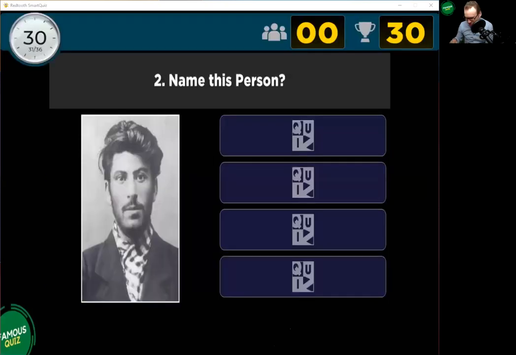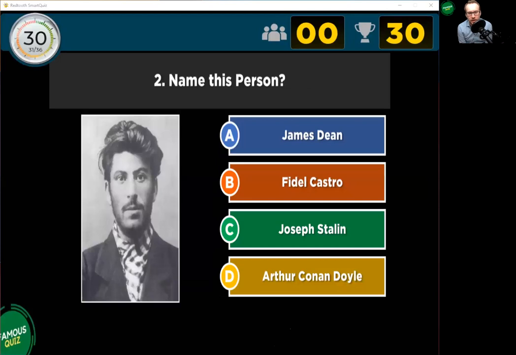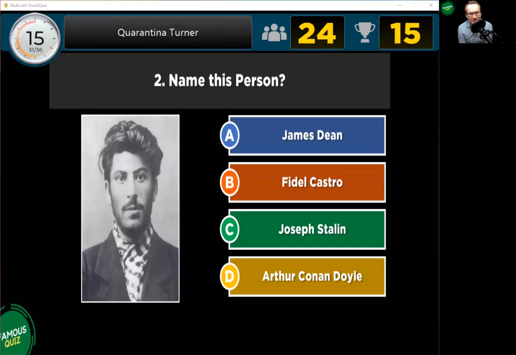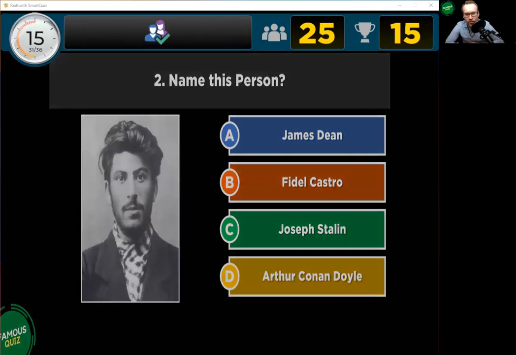Name this person. James Dean, Fidel Castro, Joseph Stalin, or Arthur Conan Doyle. So, what's the name of this person? I cannot tell anything else. We will only start to talk when you have all answered.